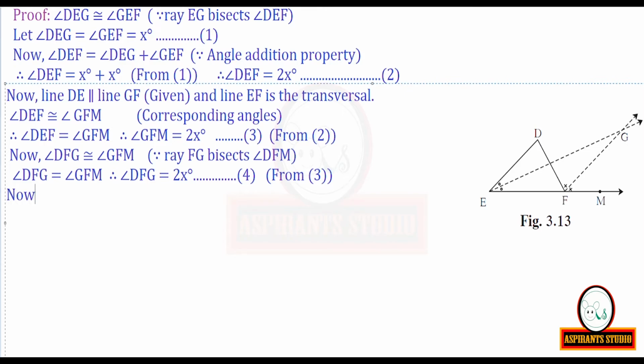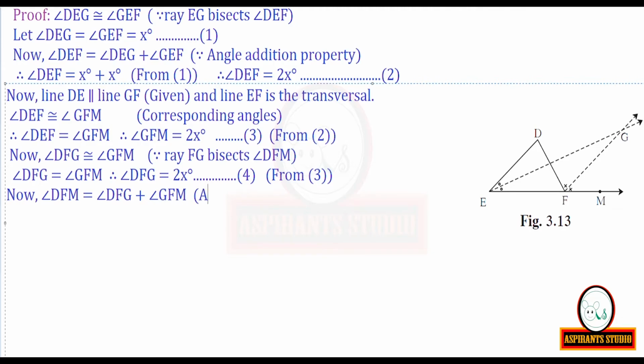Now, what about measure of angle DFM? It can be split up as measure of angle DFG plus measure of angle GFM. Angle DFM can be split as angle DFG and angle GFM.